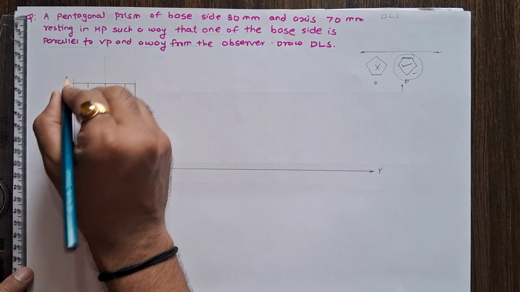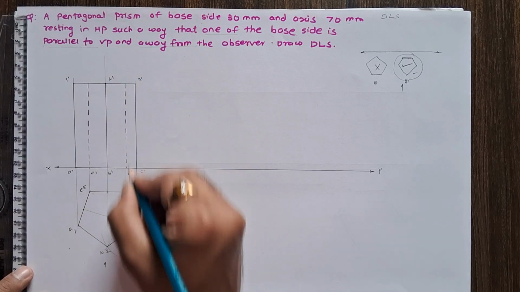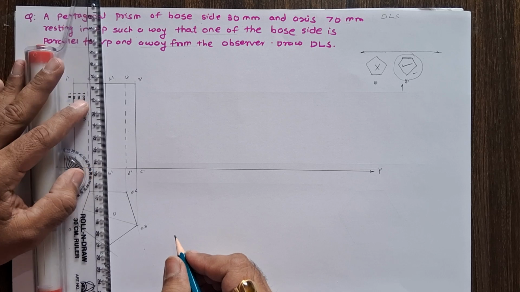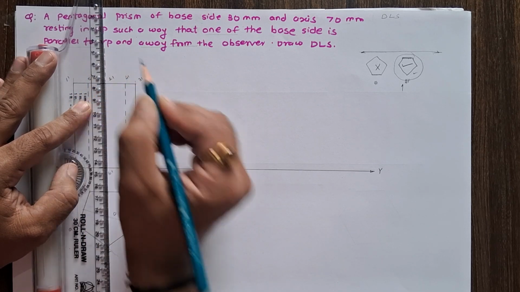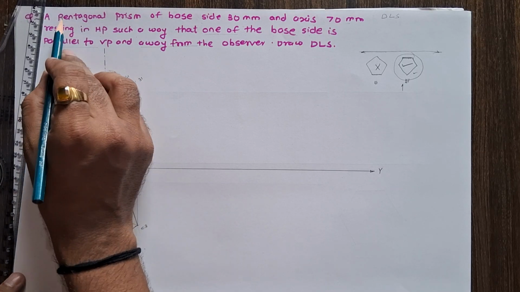The top line naming is 1 dash, 2 dash, 3 dash, 4 dash and 5 dash. Above that plane we can draw the center line. This is the top view and this is the front view of the pentagonal prism.